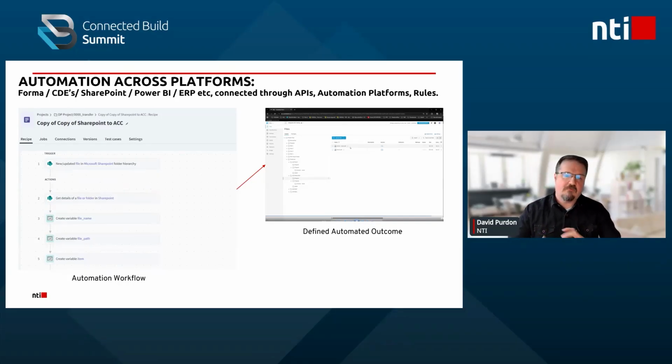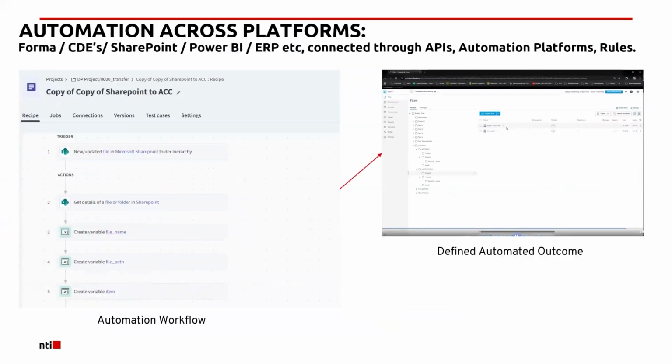So the automation workflow sets out the rules and the steps, and then defines the outcome you're going to achieve. That defined outcome then becomes an output in your target environment. On the right, we just have a very simple window of files starting to land in a Forma project that originally started in a SharePoint instance.